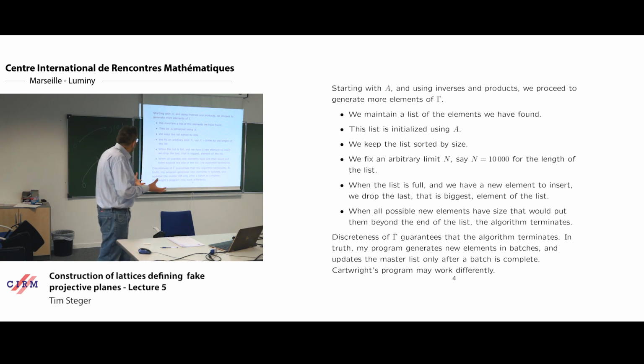So our hope then is that with this system we're ending up with what are in fact the smallest elements in the group, the capital N smallest elements in the group, more or less.